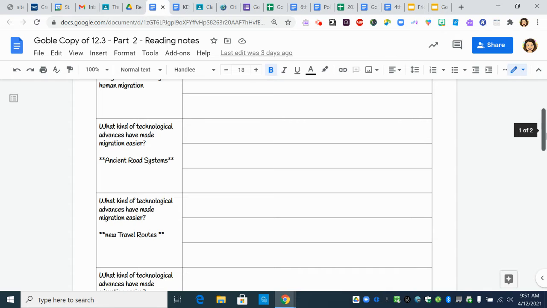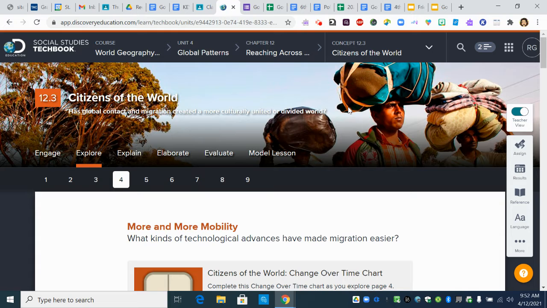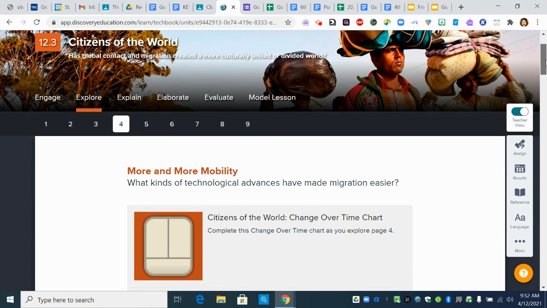New travel routes? And in regards to trains, planes, and automobiles? So we're going to go ahead and go to our reading of chapter 12.3, explore section 4.